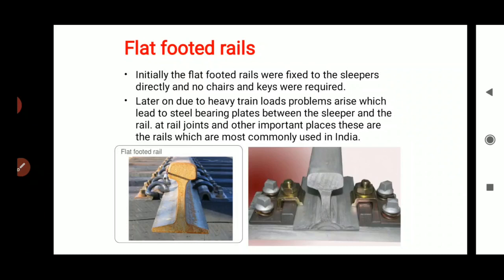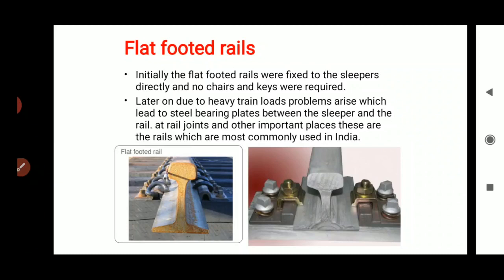However, it was observed that the heavy train loads caused the foot of the rail to sink into the sleeper. When we had not given any chair and keys between the flat footed rail and the sleeper, due to the heavy train loads the foot of the rail sank into the sleeper, making the connection loose.